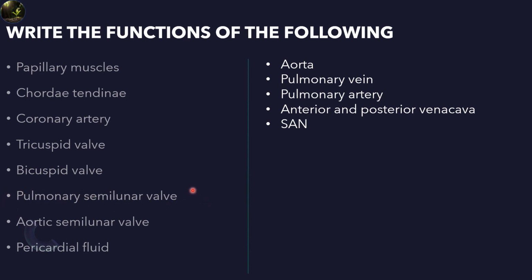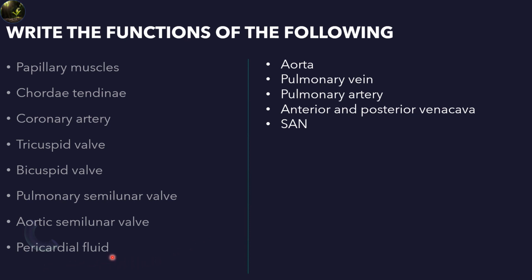Pulmonary semilunar valve helps to prevent the backflow of blood from the pulmonary artery to the right ventricle during ventricular diastole. Aortic semilunar valve prevents the backflow of blood from the aorta to the left ventricle during ventricular diastole.